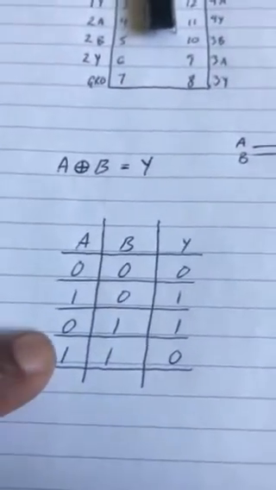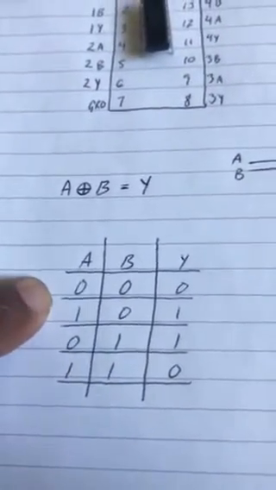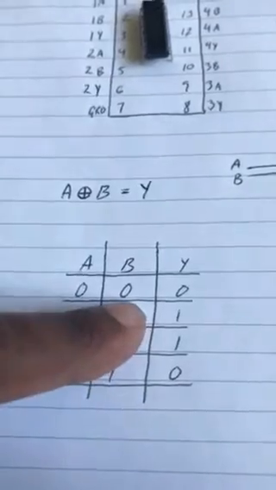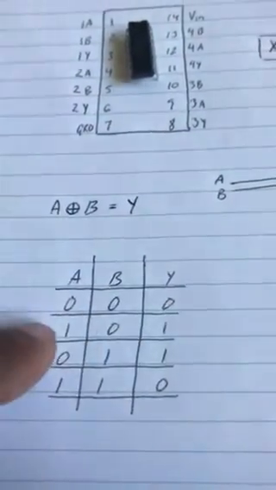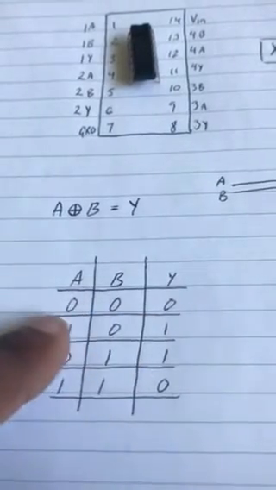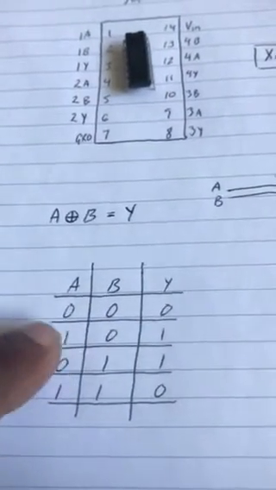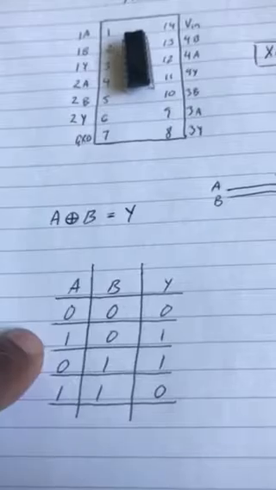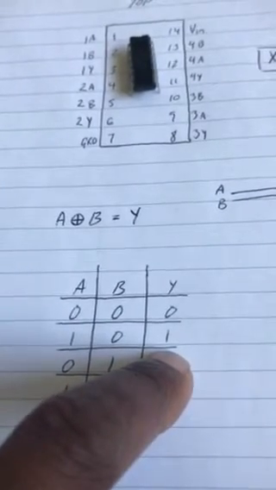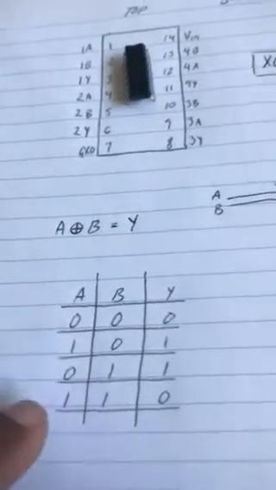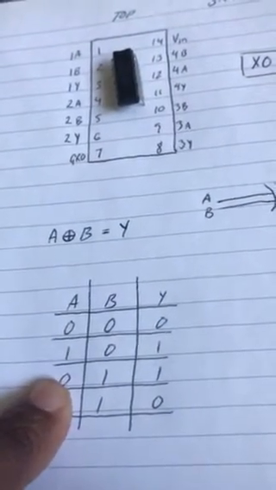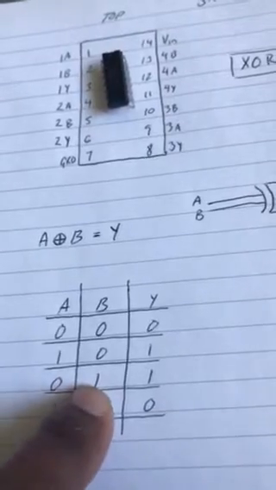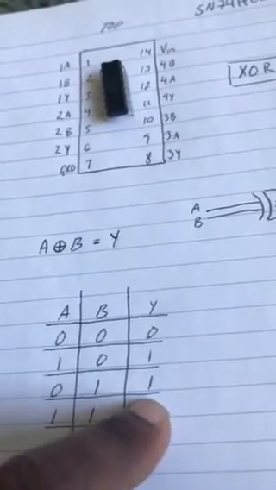This is the truth table. If you have 0, 0 for A and B, then you get 0 as your output, because neither A nor B is activated. If A is activated but B is not, then you get Y positive. Conversely, if A is 0 and B is 1, then Y is 1.